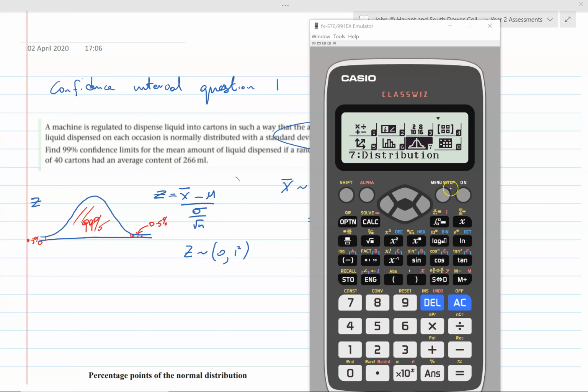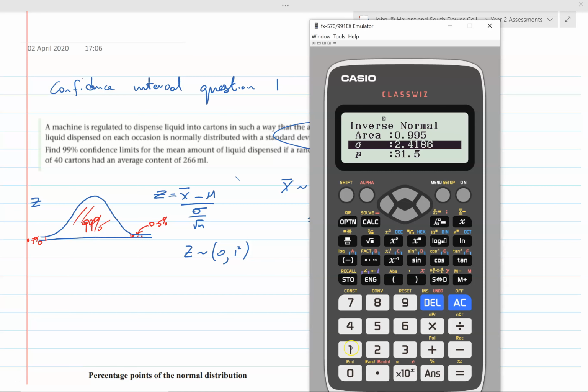To get the Z value, we need to go to menu 7. And it's the inverse because we're working backwards. We've got a proportion, probability or percentage, and we want to find the actual Z value. I've got 0.99 here from a previous question, but obviously we need it to be 0.995, because we've got 0.5% each side.